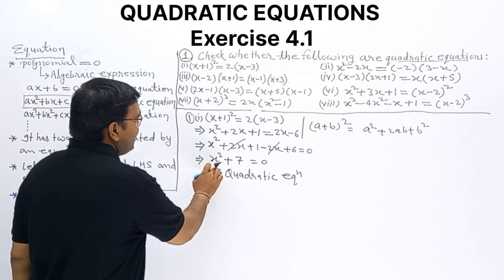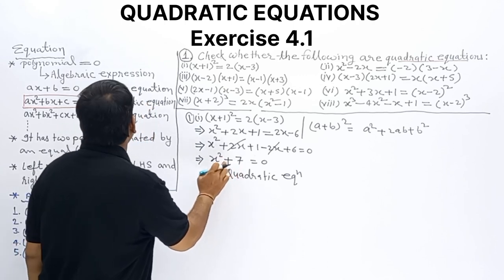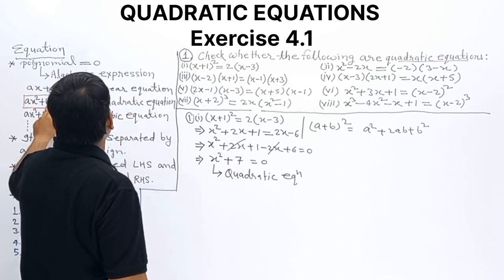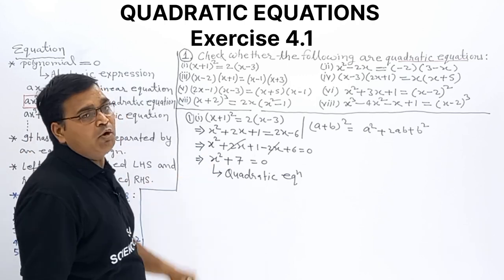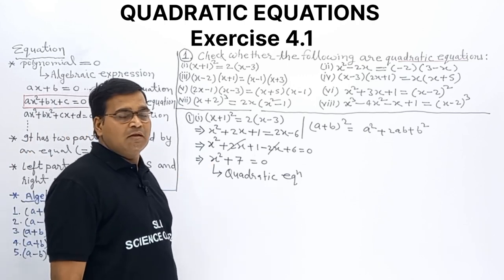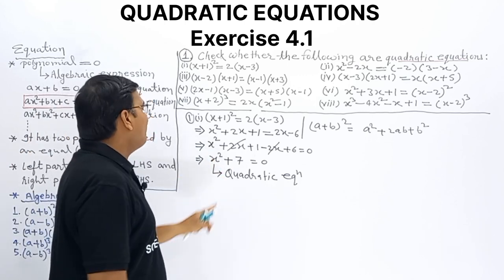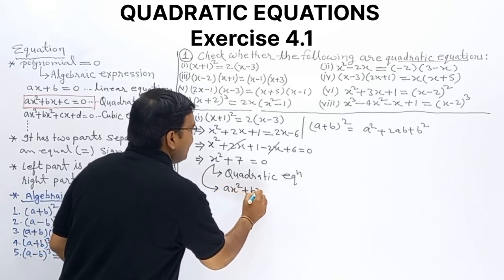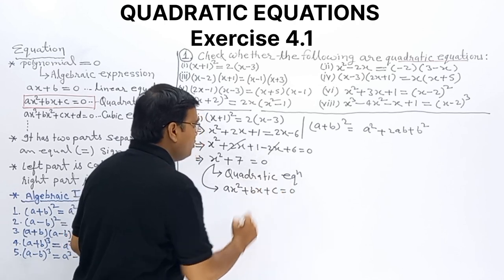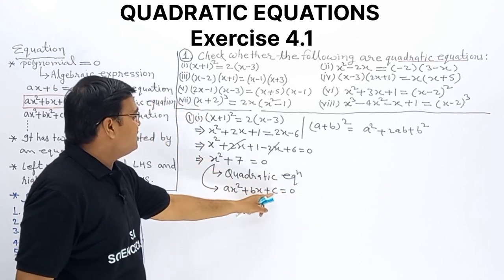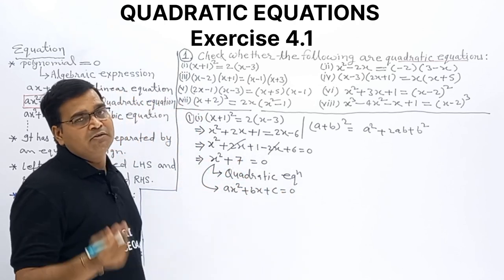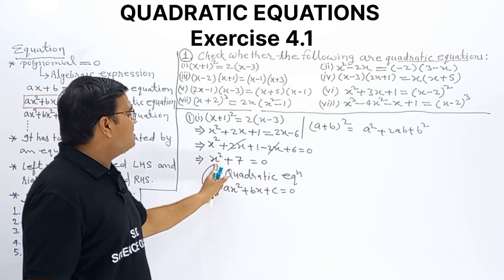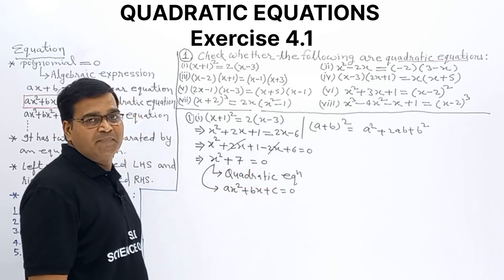We are having x square term and constant term, but this bx term is not there. So we can say it is in the form of ax square plus bx plus c equal to 0. a is 1, c is 7 and b is what? 0. So this is in the form of a quadratic equation.